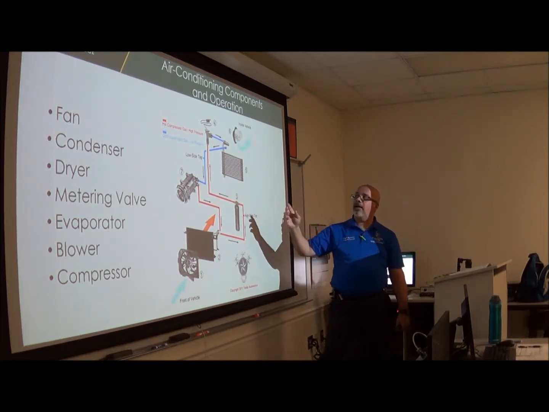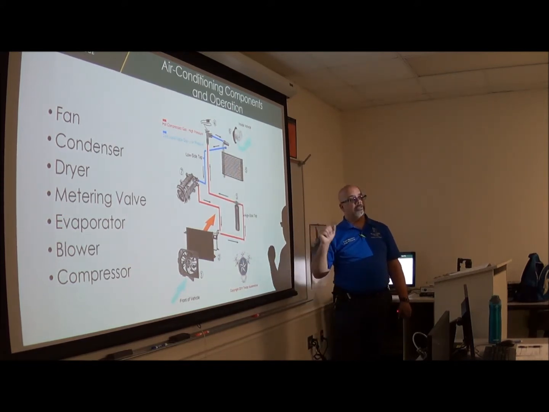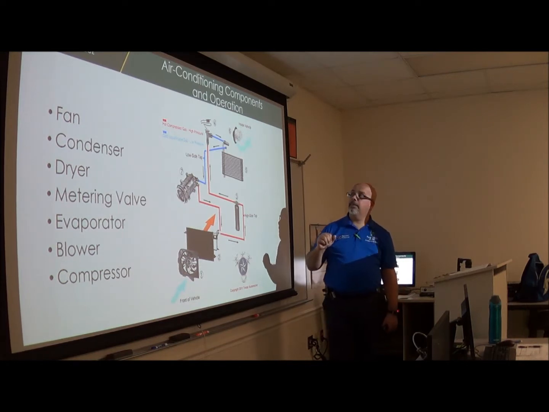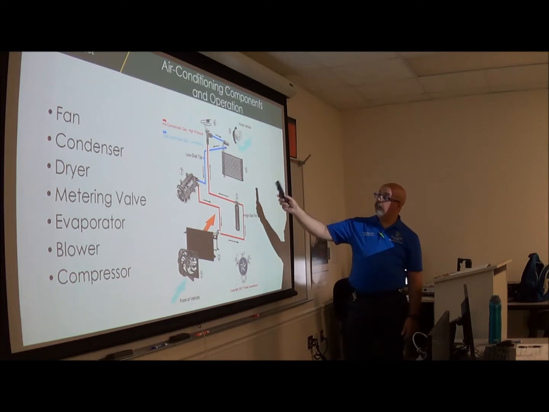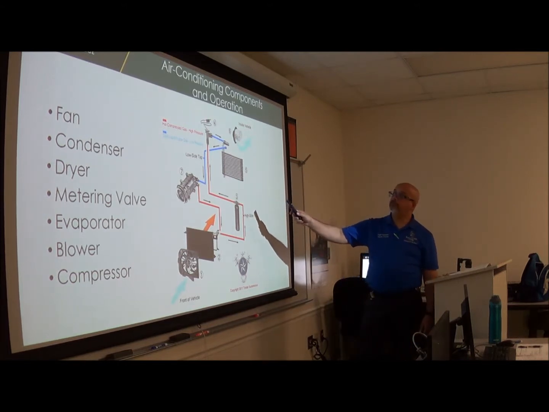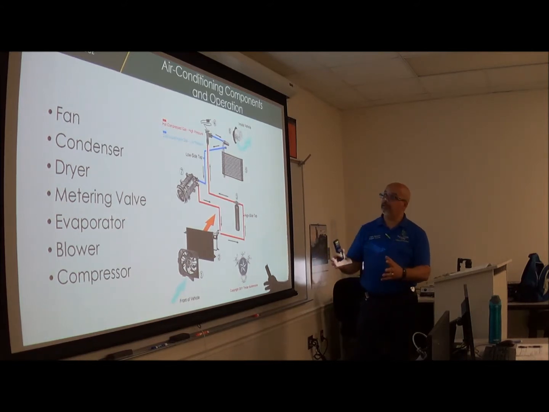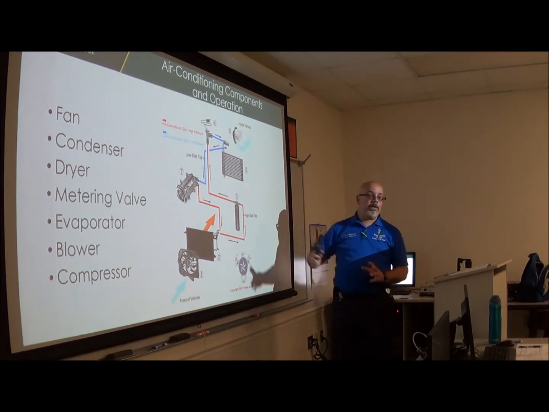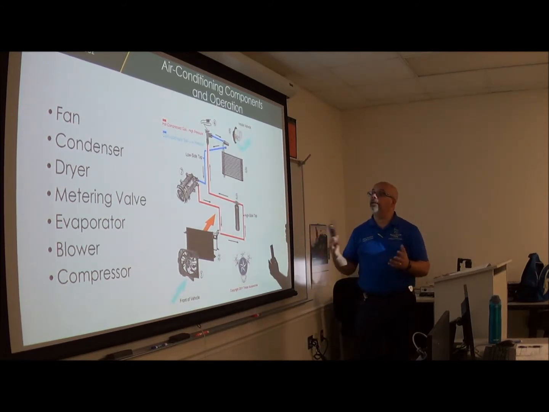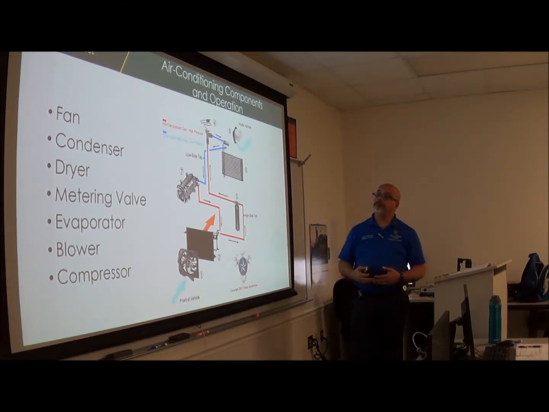And depending on that, this metering valve will open or close to start letting loose some of that refrigerant in the form of gas. Number 5 is the evaporator. That's the one that is already cooled down. Everything is cold there. So we have the blower, which is number 6, that will be blowing inside the vehicle, giving you that fresh air or that cool air.